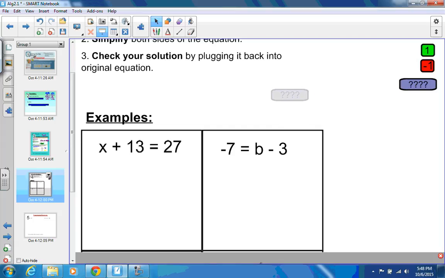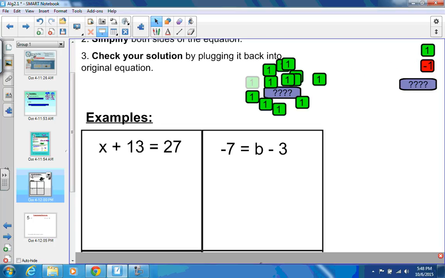I have x, and then I have 13 blocks. We know that's all going to equal 27, and I'll write it in green so we know we have 27 over here.